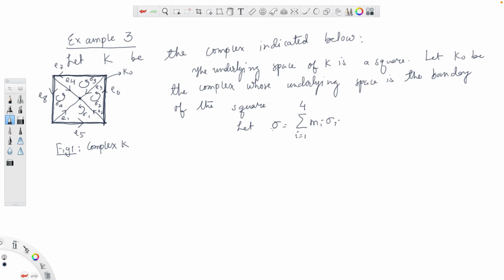Any two chain in our case can be written down like this, right? And let us take this two chain to be a relative two cycle, Z_2(K, K0), a relative two cycle of K mod K0. Then according to the definition of relative cycles, ∂_2 sigma is carried by K0.